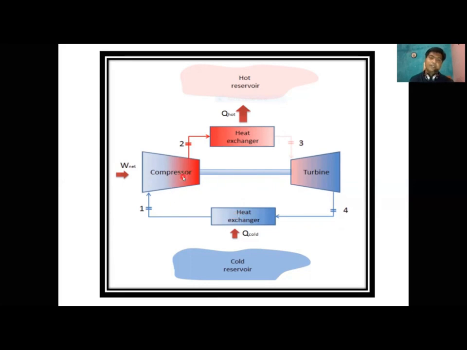Next the compressor, then the second heat exchanger, which is like a cooler, and then the turbine. The four components are joined to each other.